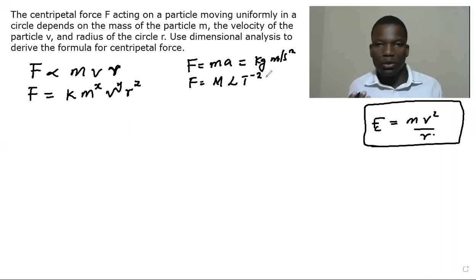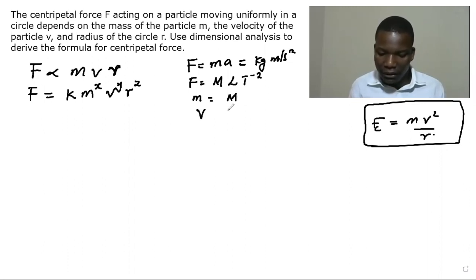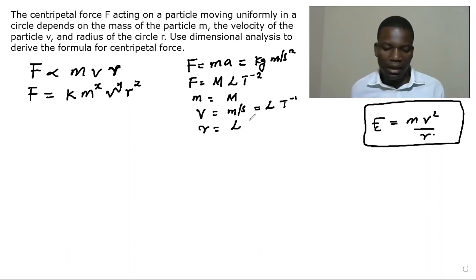Those are the dimensions of force. The dimension of mass is basically M. The dimension of velocity is L T inverse. And R is basically a length, so the dimension is L.